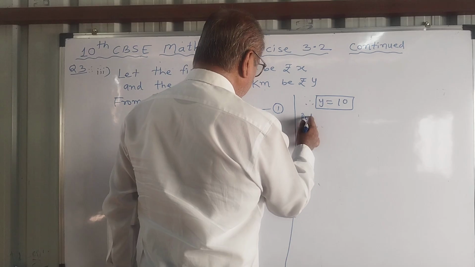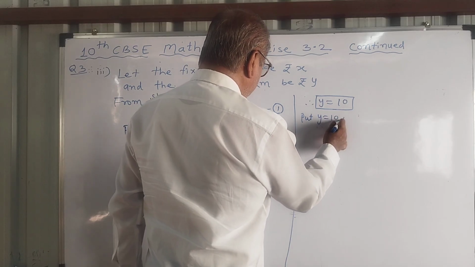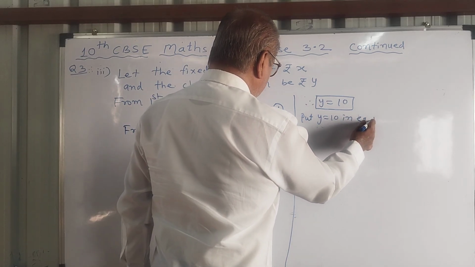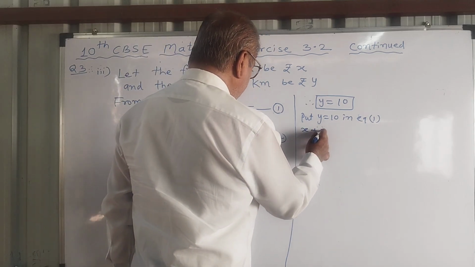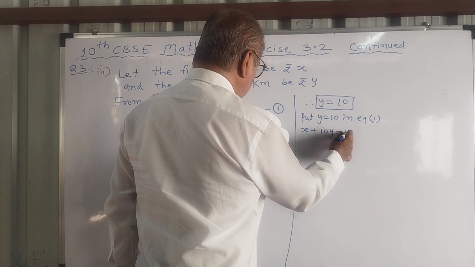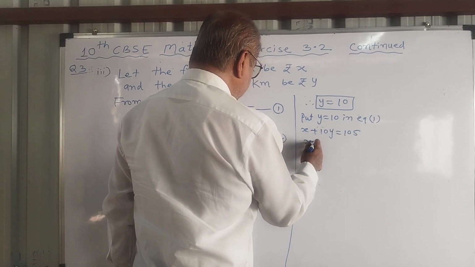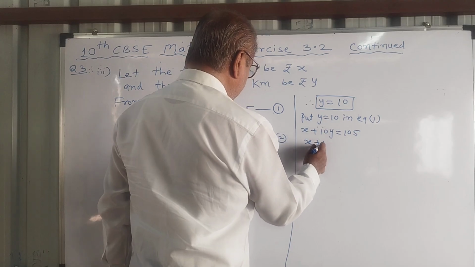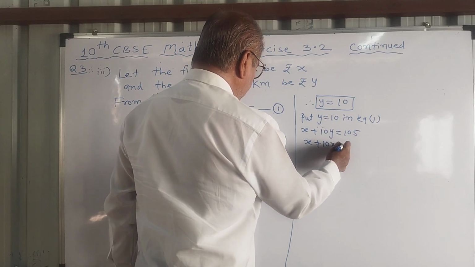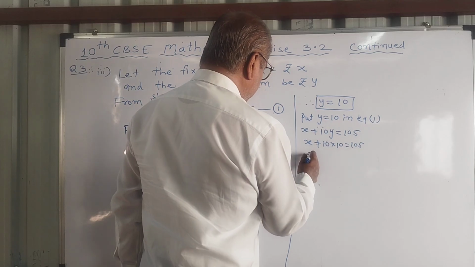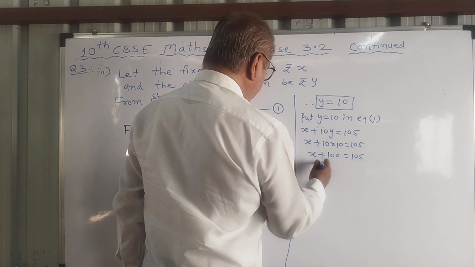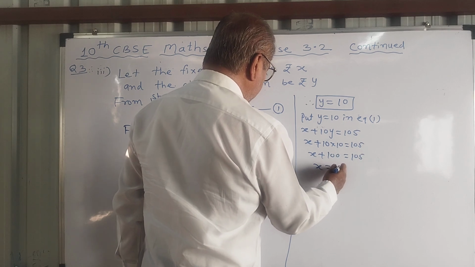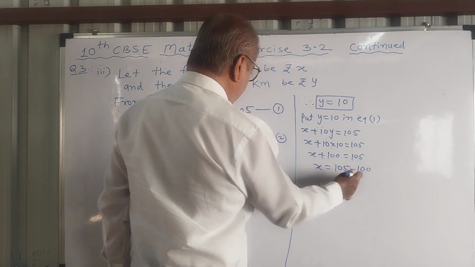Now put y is equal to 10 in any equation. In equation 1, x plus 10y is equal to 105. So x plus 10 into 10 is equal to 105. So x plus 100 is equal to 105. So x is equal to 105 minus 100.